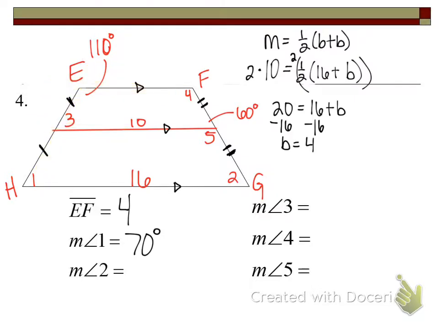If instead you had looked at the bottom base, then angles 1 and 3, what relationship do they have? It's another C word. Corresponding, and corresponding angles are congruent on parallel lines. So either way you look at it, angle 3 has to be 70. Questions, concerns?